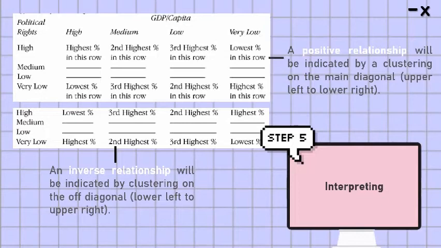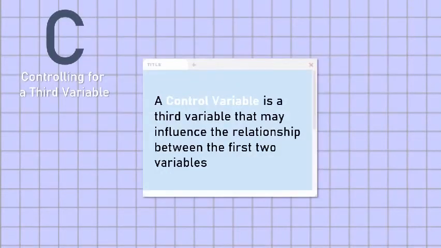So far, we've been discussing the relationship between two variables, the independent variable and the dependent variable. But what if we apply a third variable, which is commonly known as a control variable? When applying a third variable or a control variable, a spurious relationship may occur.